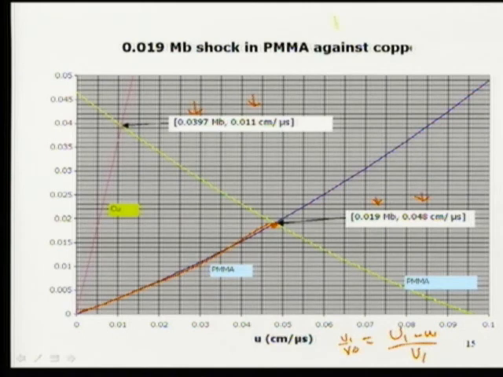Remember, P2 minus P1 is equal to rho 1 times capital U2 minus little u1, the particle velocity, in that equation.